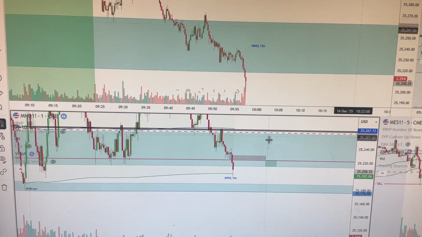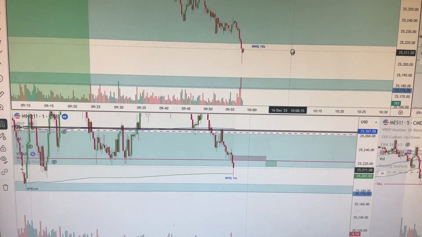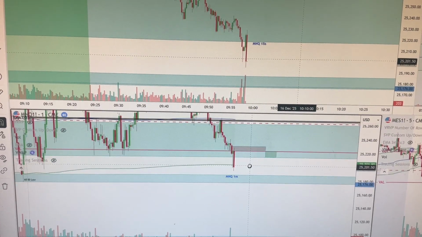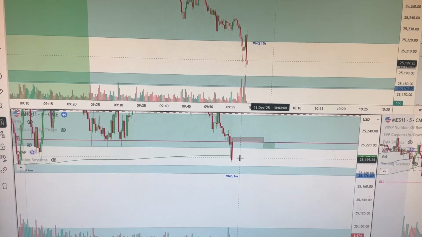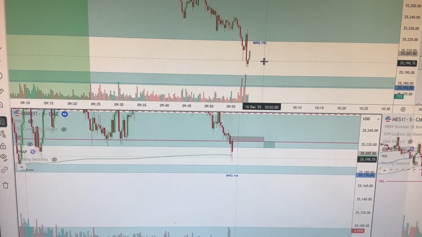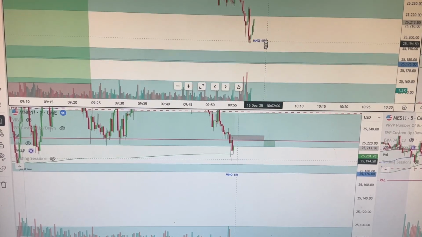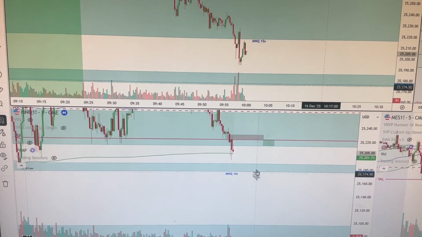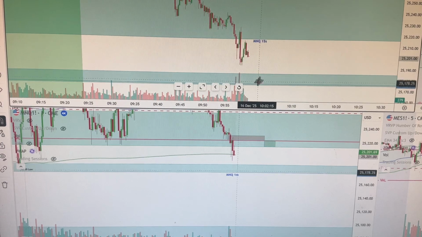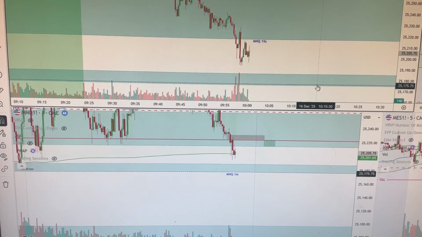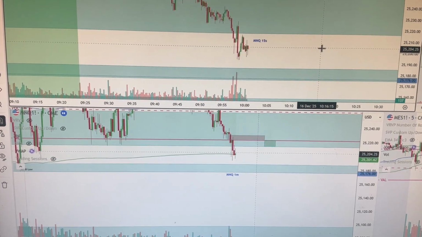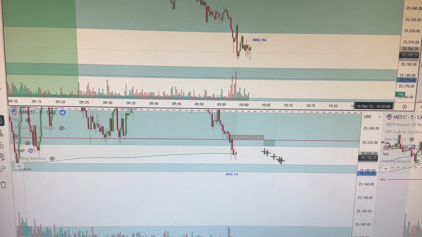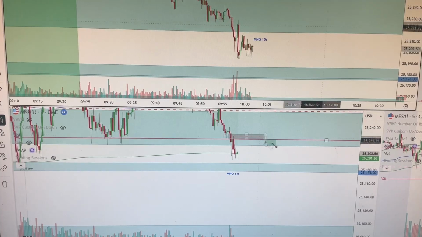So that strong move leaves a gap. Okay, there it is. There's our rejection. Nope. Not quite yet. Oh, we haven't exceeded the IB low yet, so that's premature. The IB low is this line here. But it's going to be a very quick dip and a wick. Our bearish FVG is here.